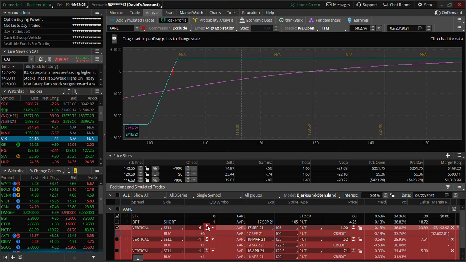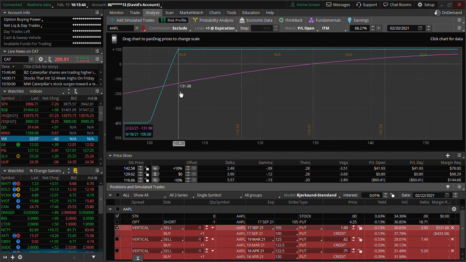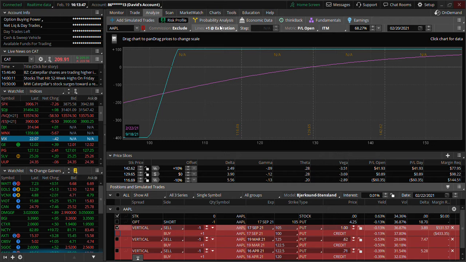As a general rule, and it's not set in stone, and I'm not telling anybody how to trade, you do as you wish with your money, but I say one contract is enough risk, because if you look at the notional value here, if you're assigned here at 105, that's 100 shares times 105. That's over $10,000, right? So that's what you have to consider as well. And that's the only issue I do see with these credit spreads.